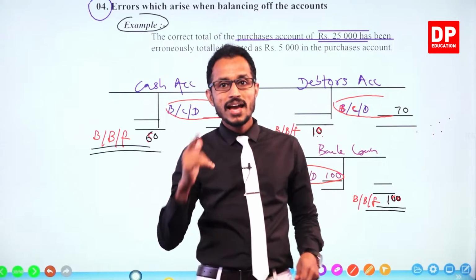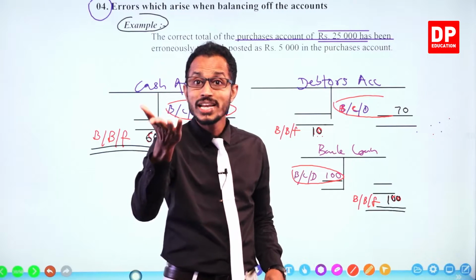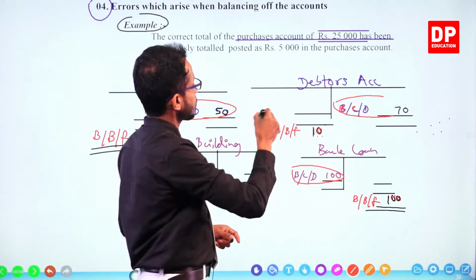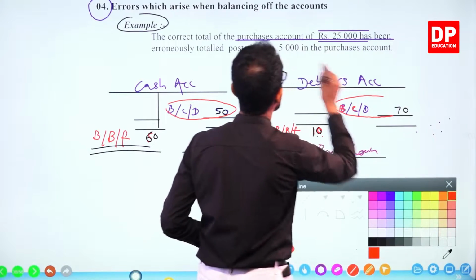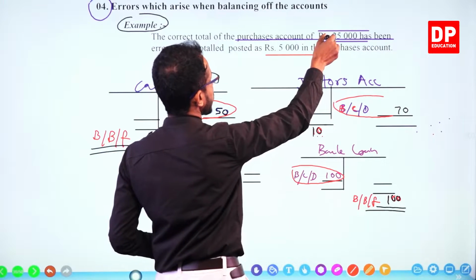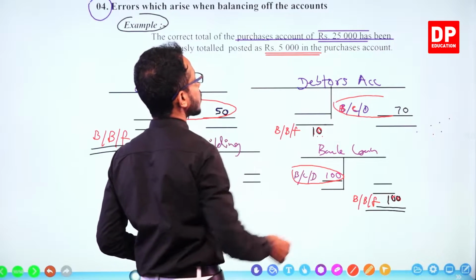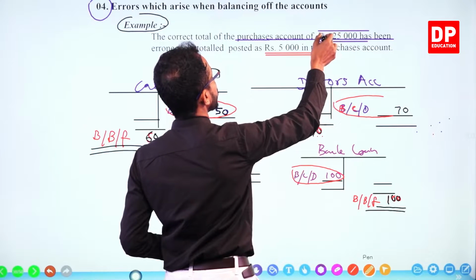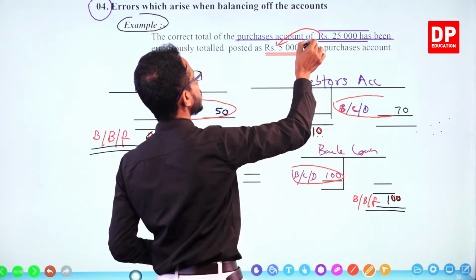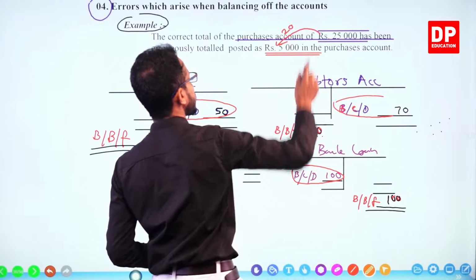Understated. By how much? 20,000. From 25,000 to 5,000, 20,000 is understated.